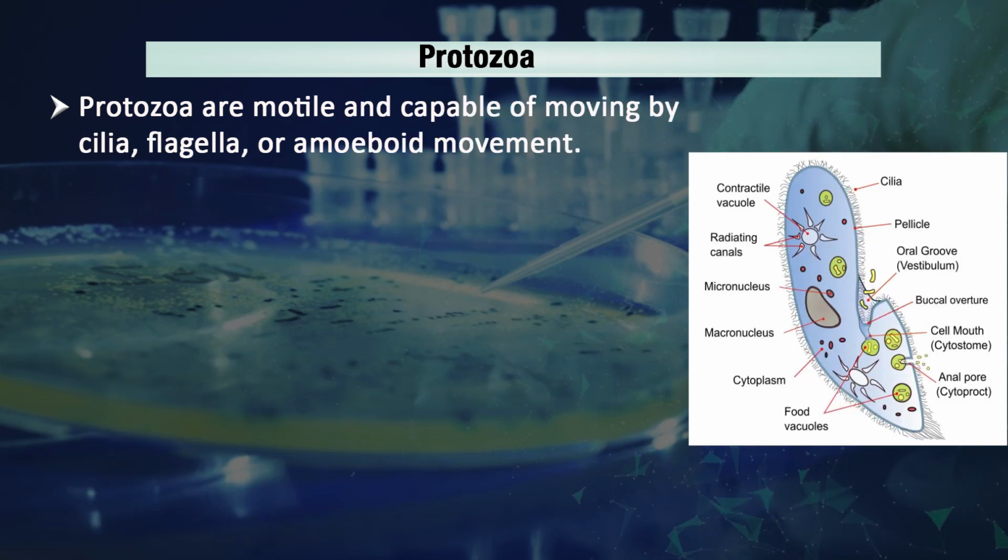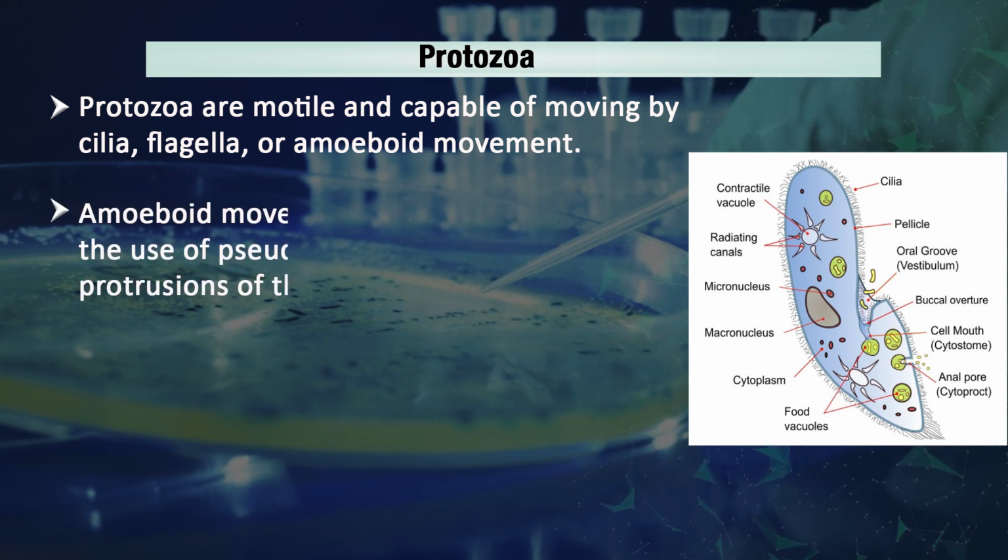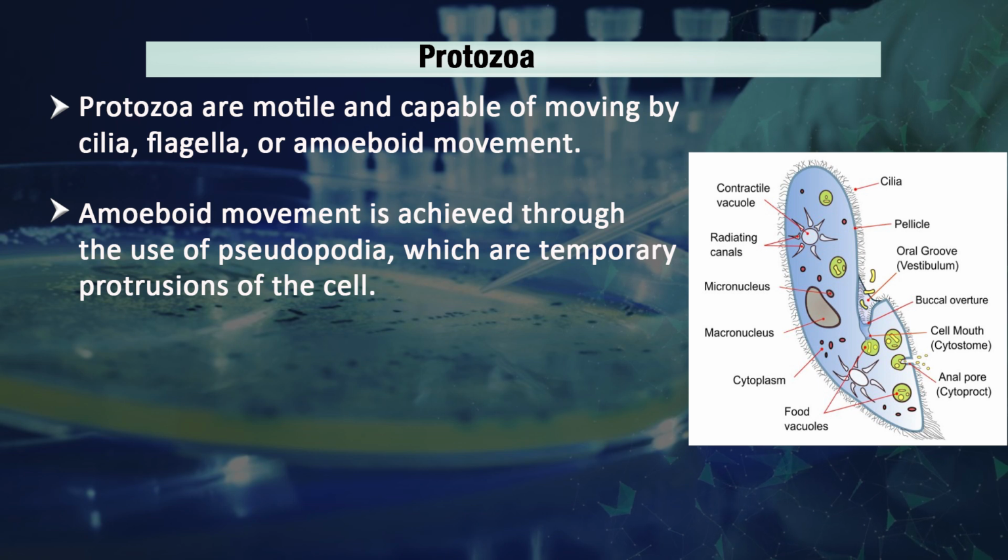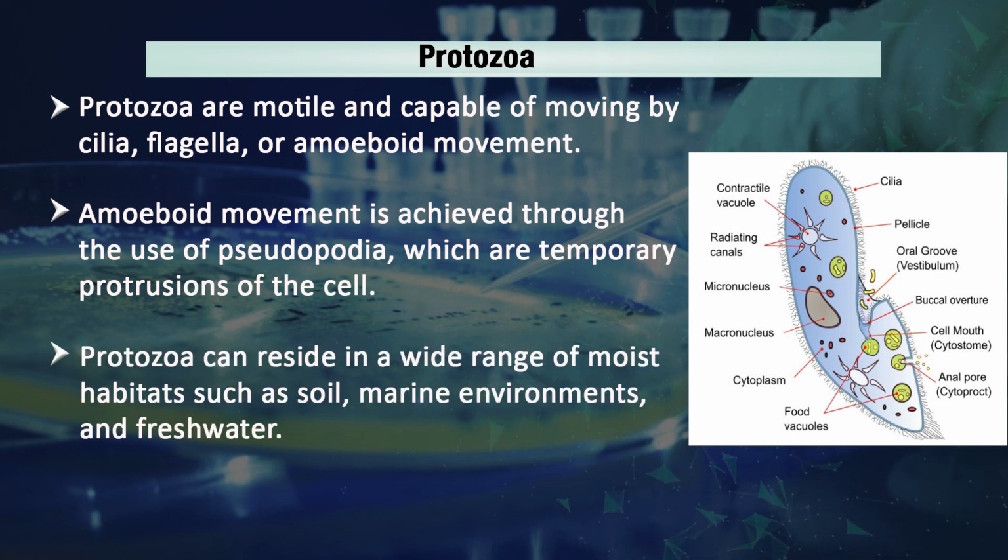Protozoa are motile and capable of moving by cilia, flagella, or amoeboid movement. Amoeboid movement is achieved through the use of pseudopodia, which are temporary protrusions of a cell. Protozoa can reside in a wide range of moist habitats such as soil, marine environments, and fresh water.